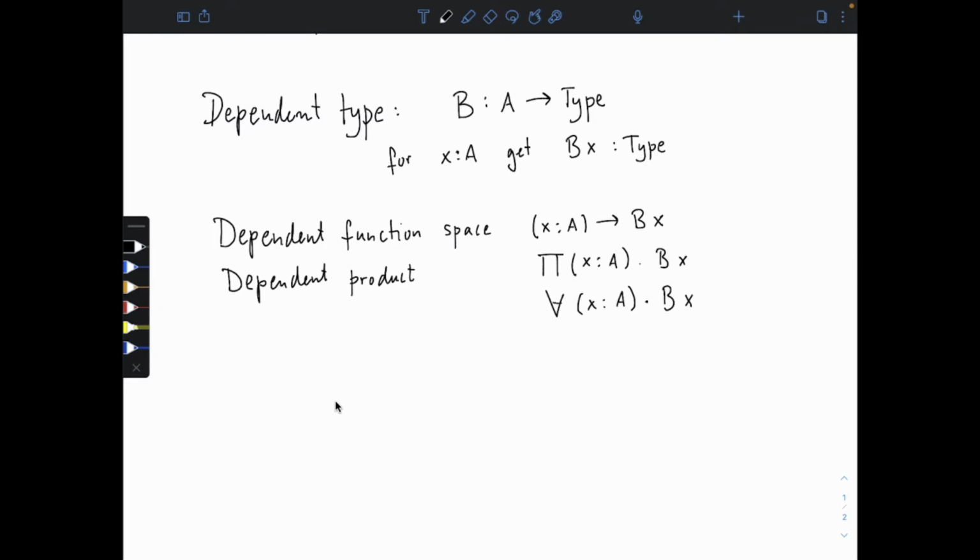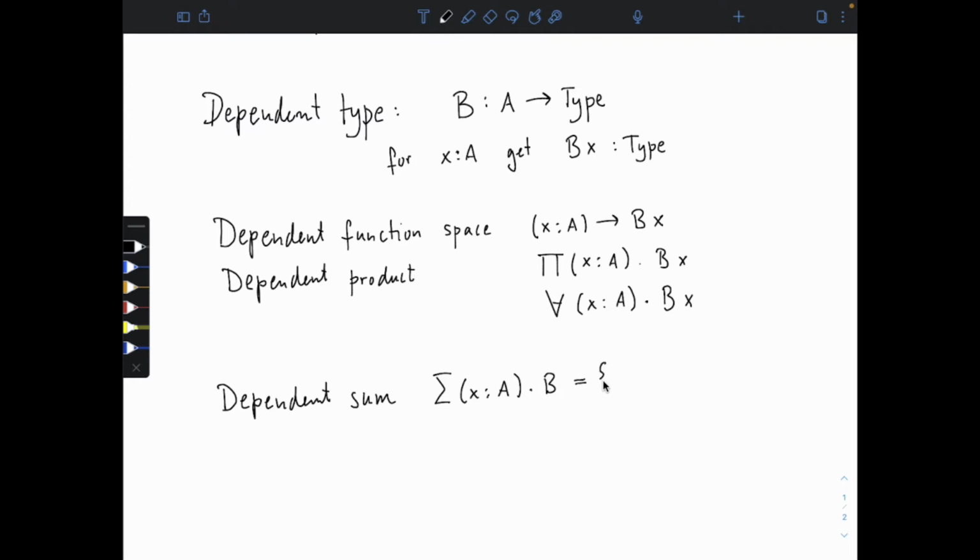Okay. Now the dual operation to that is a dependent sum. And naively, set theoretically, we would write something like this. And let me just write down what this would be set theoretically.